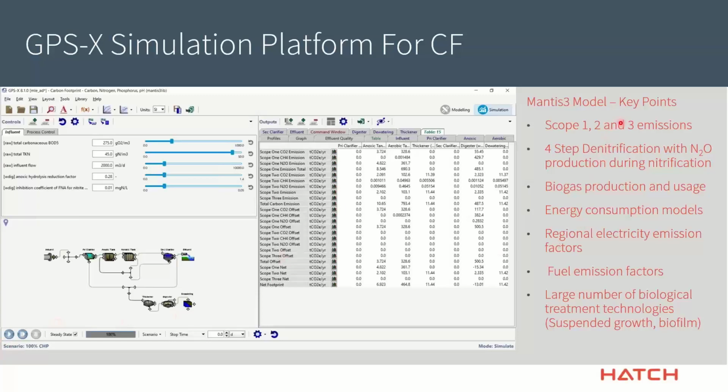Here, I guess some of the key points that I would like to highlight is that we have broken down the greenhouse gas model so that we can evaluate scope 1, scope 2, and scope 3 emissions from these facilities.